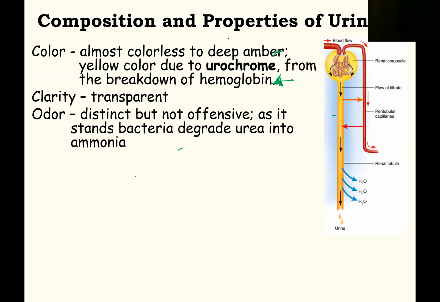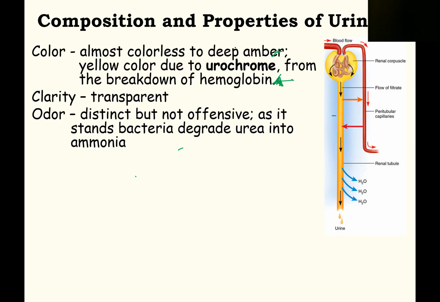Odor: it should have a distinct but not offensive odor. The longer it stands or sits, the stronger the ammonia smell gets. Again, there are some foods and disease processes that can cause differences in the odor. The consumption of asparagus causes a distinct odor.